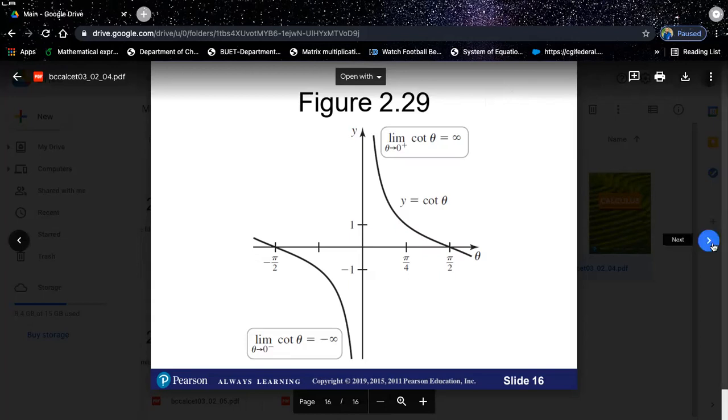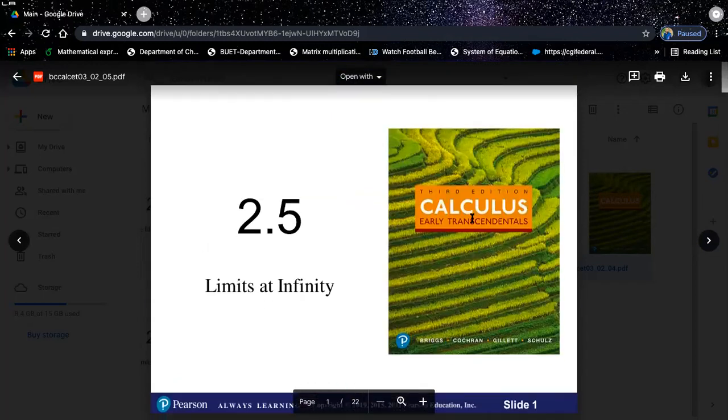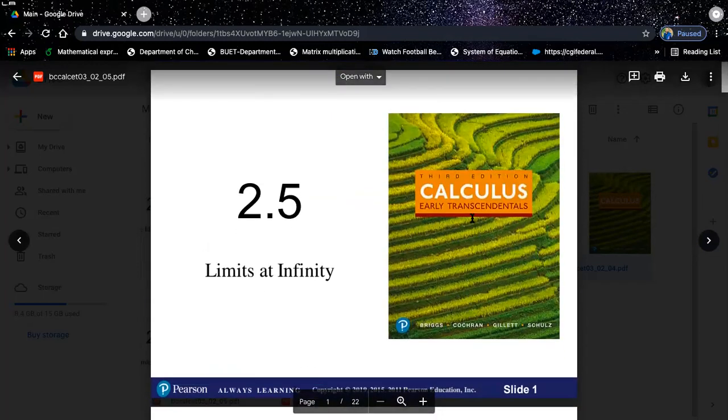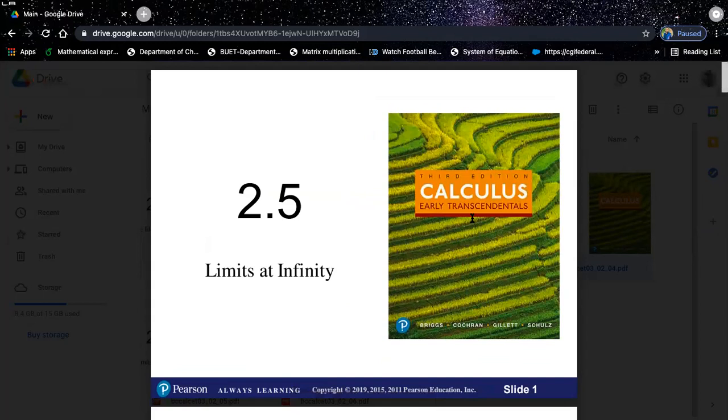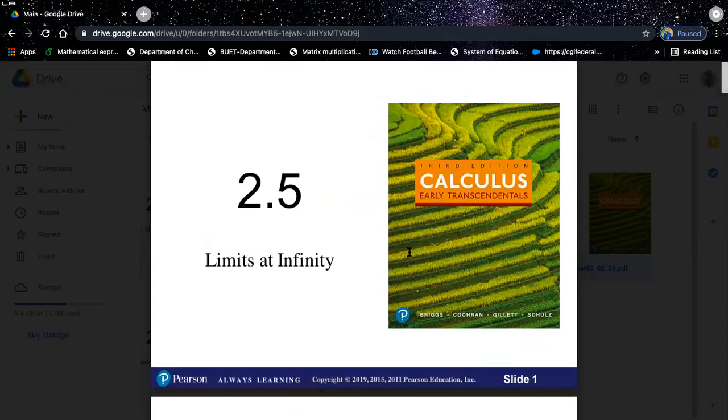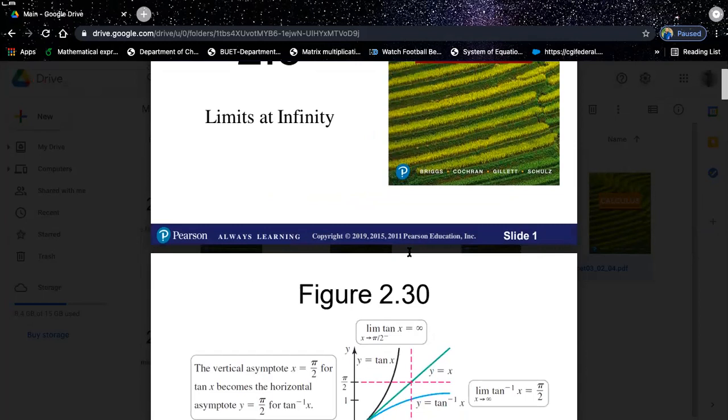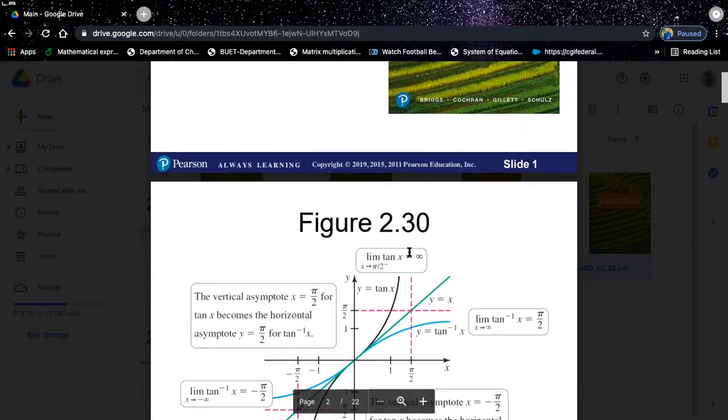Okay, let's move to 2.5 then. Limits at infinity. All right, so we know how the vertical asymptote looks. Now we want to see how the horizontal asymptote looks.